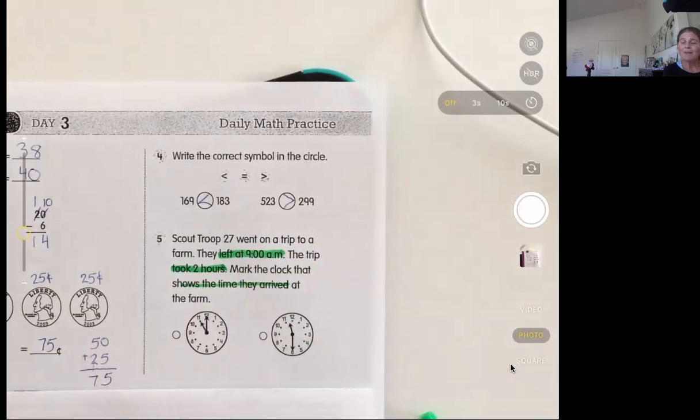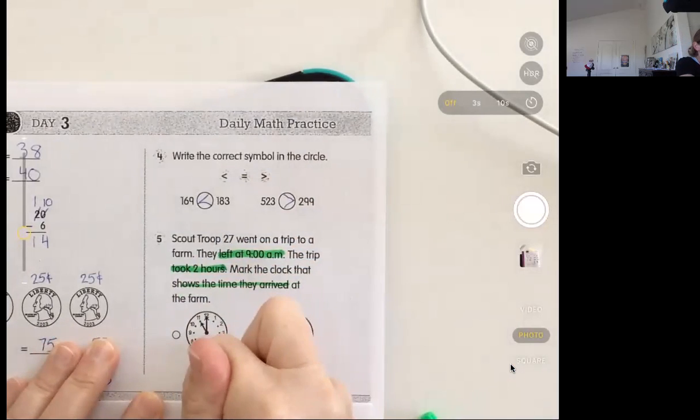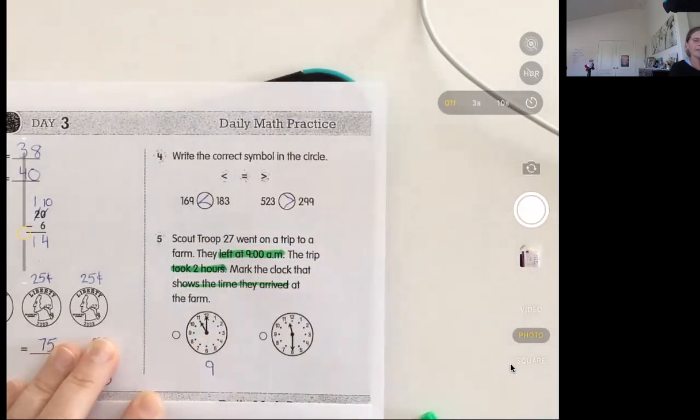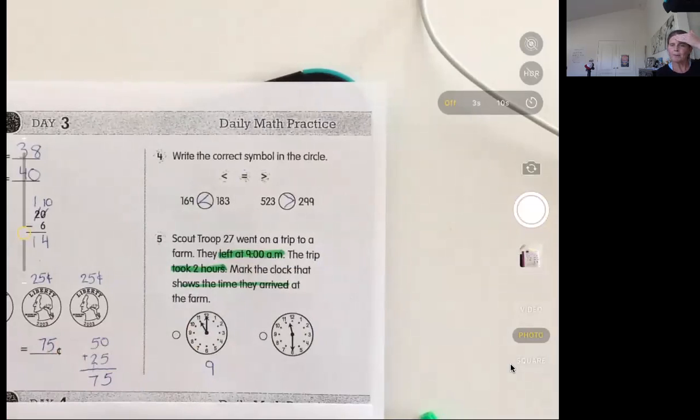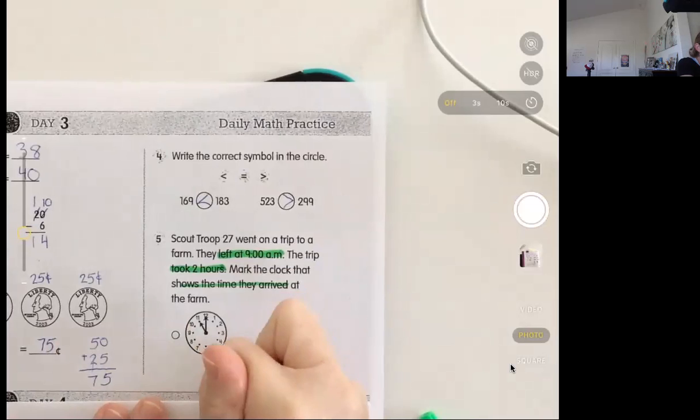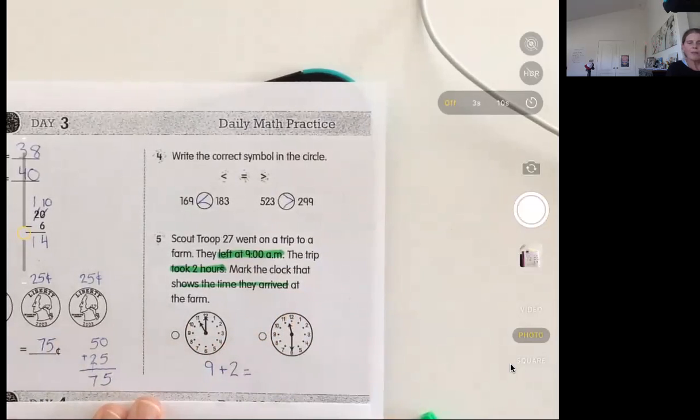So now I can make a little equation if I'd like. I know that it was 9 o'clock. And if I add 2 hours, well, I can either lock 9 o'clock up in my mind and say 9, 10, 11 o'clock, or I can say 9 plus 2 hours, same thing. I'm going to start with my big number, 9, 10, 11.